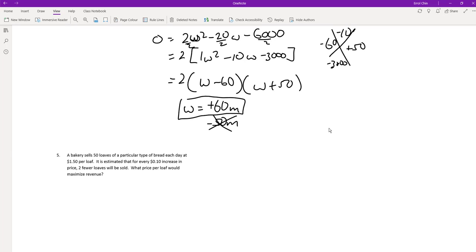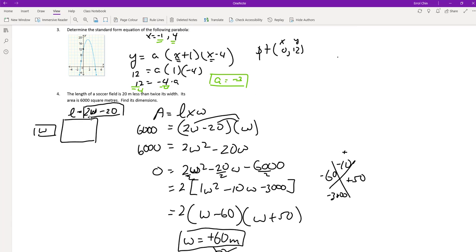We have an expression that says if you know w, all you have to do is double it and subtract 20. That's 2 times 60 minus 20, and with the calculator that gives you 100 meters. And those are the dimensions of this soccer field.